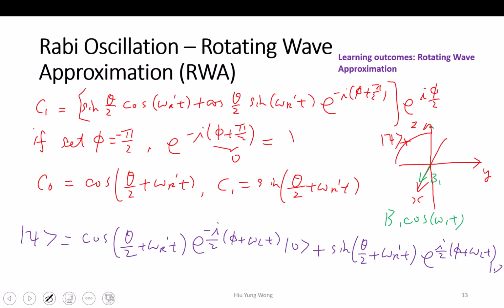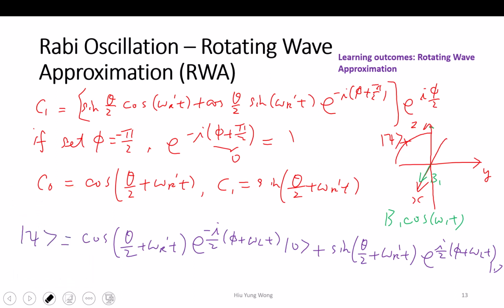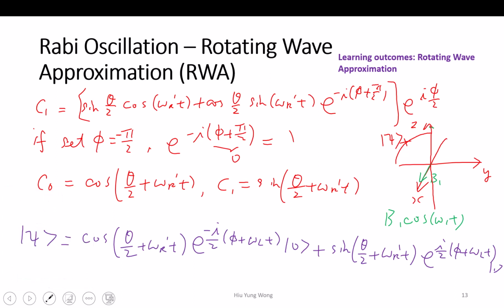So what does it mean? Besides that, it is precessing about the z axis like before at the Larmor frequency. It also has the theta increasing.